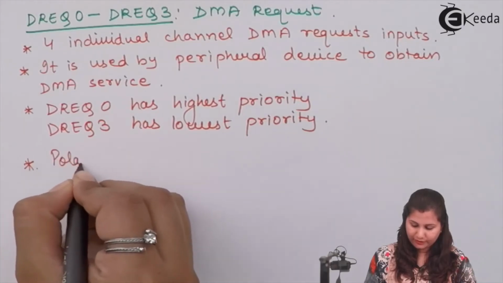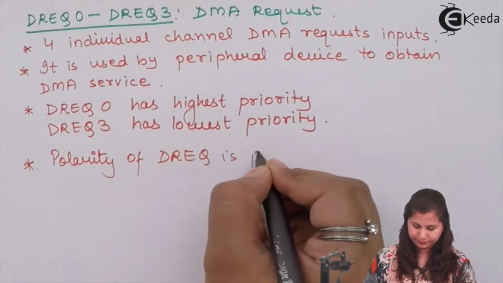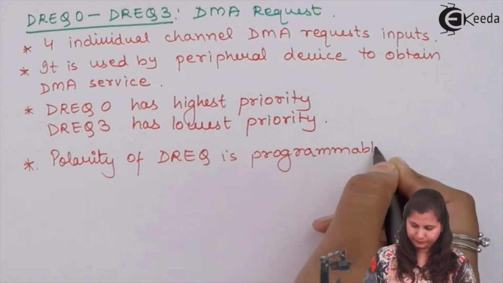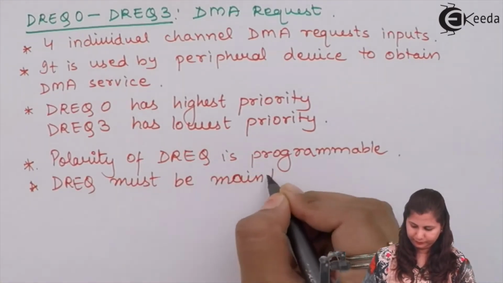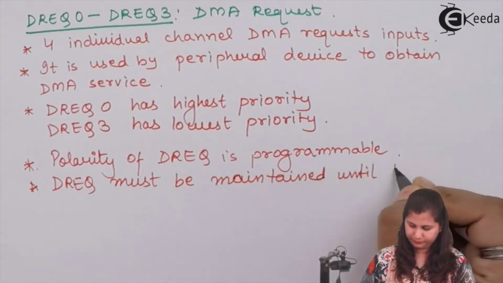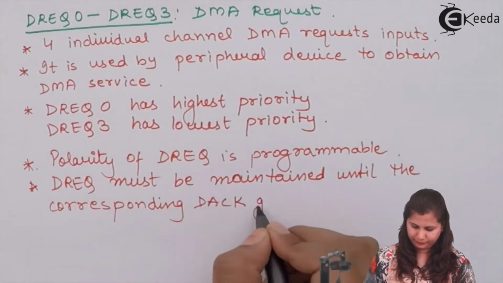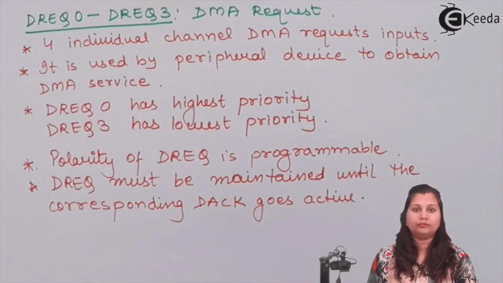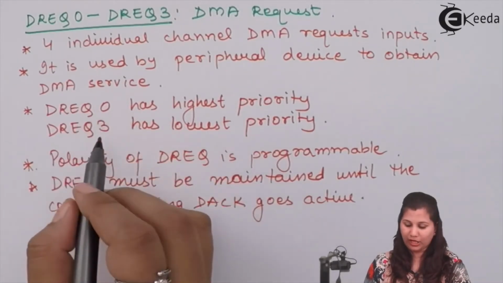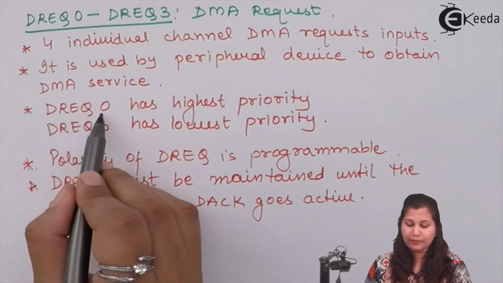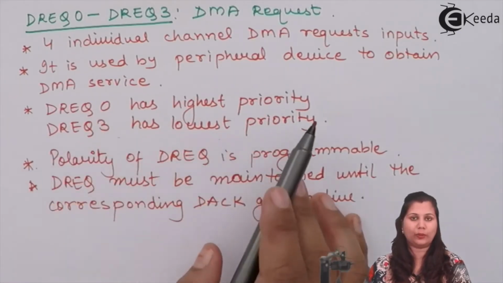Now the polarity of this request is programmable. So for this DREQ, we have given the priority of the channels: the DMA request by channel 0 has the highest priority, and the DMA request by channel 3 has the lowest priority.